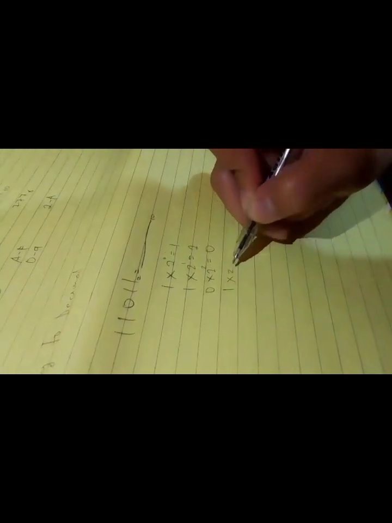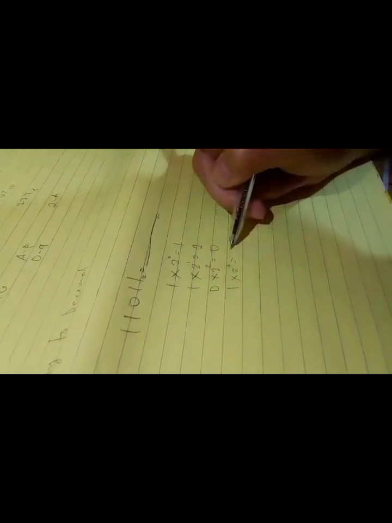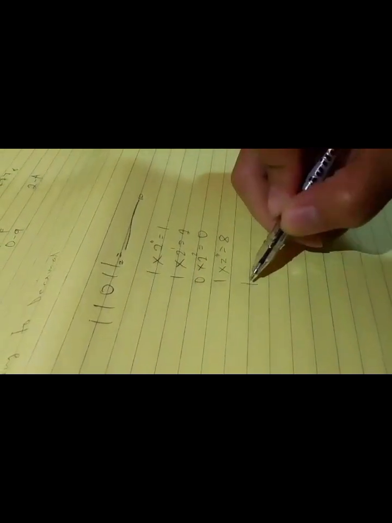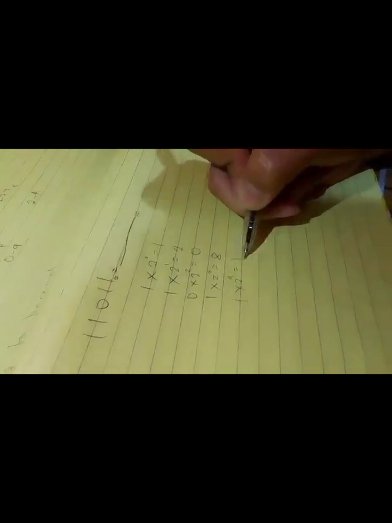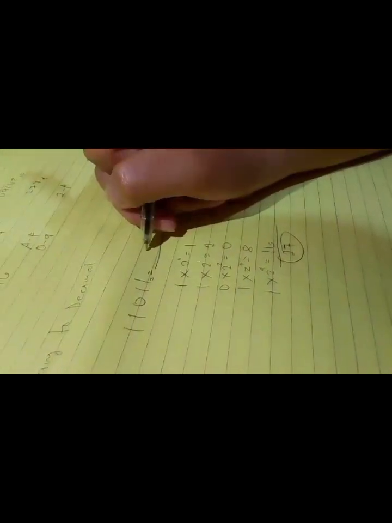Then 1 times 2 raised to 3 equals 8. Ay, may nakalimutan ako, yung 1. Sorry guys. 1 times 2 raised to 4 equals 16. Then add, magiging together is magiging 27. Then copy. This is the answer.